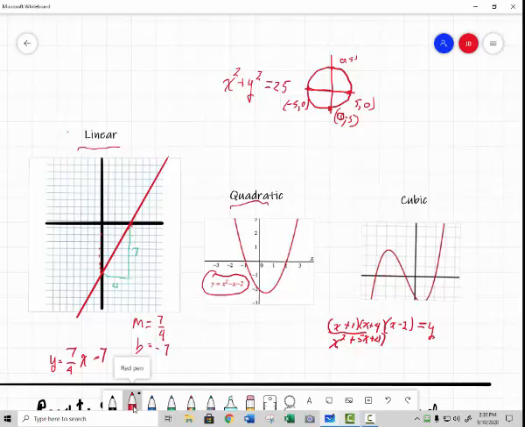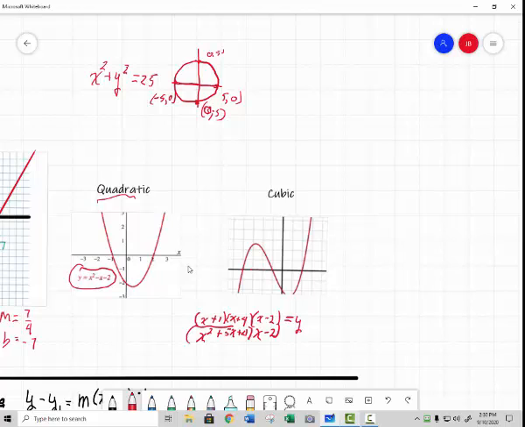And I'm going to multiply that times x minus 2. If I multiply by x, I will get x cubed plus 5x squared plus 4x.